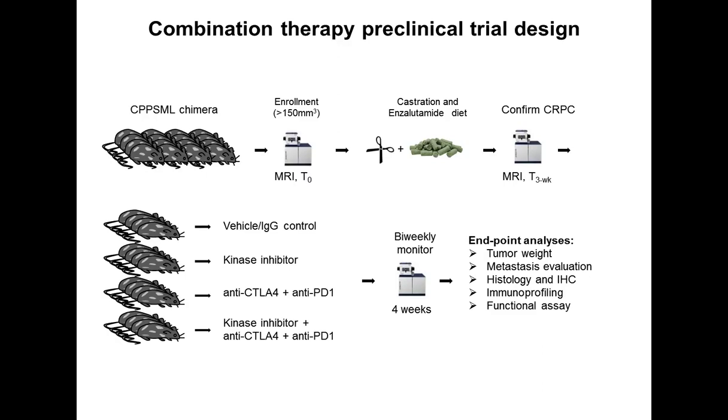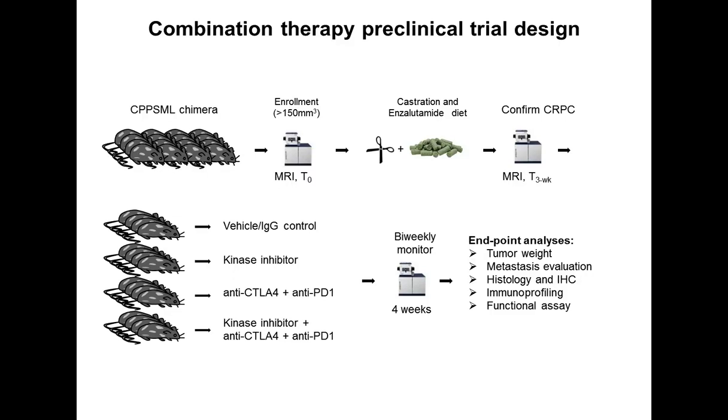Once we confirm a mouse is eligible for our clinical trial, we castrate the mouse, and then we feed the mice the enzalutamide-administered diet. This combination of castration plus enzalutamide diet was optimized based on our preliminary data to show that it can induce CRPC in these triple knockout mice.